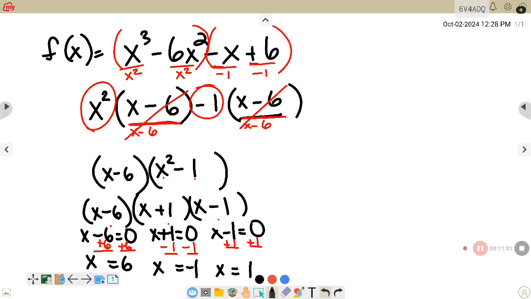So your zeros are 6, -1, and +1. And they all have multiplicity. They all have the same multiplicity because look at all of their exponents. Once you factored it, they all had exponents of 1. So all of their multiplicities are +1.